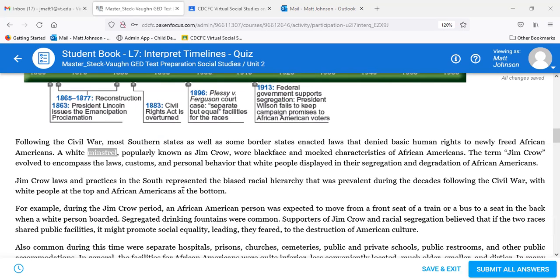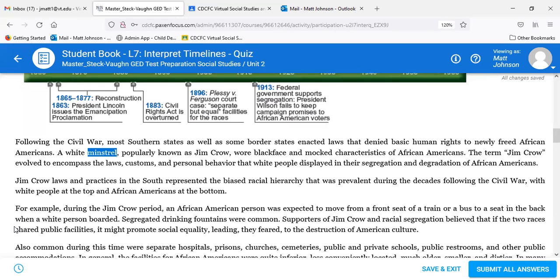The term Jim Crow came to encompass the laws, customs, and personal behavior that white people displayed in their segregation and degradation of African Americans.